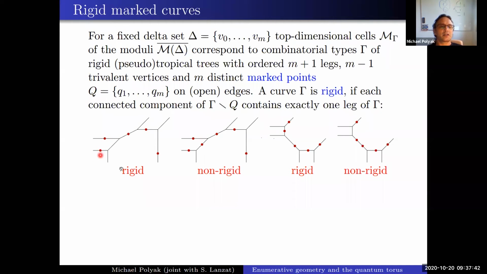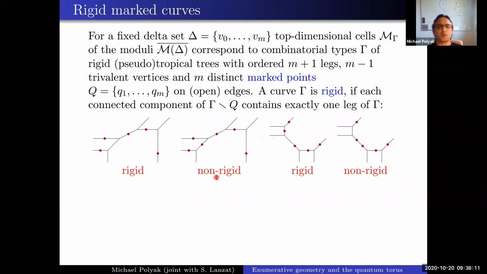When I cut my tree by these red points and I look at the resulting pieces, in each piece I see exactly one leg. So in this piece here, this will be the leg. In this piece here, it basically consists of the leg itself. In this piece here, it's this leg.